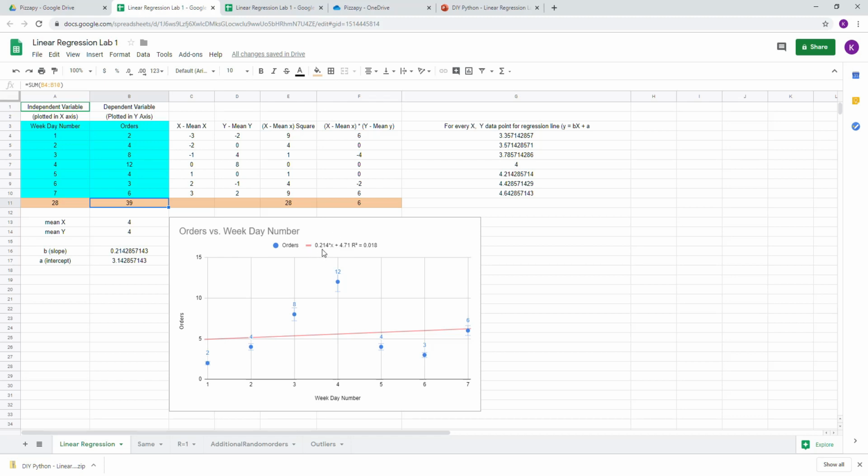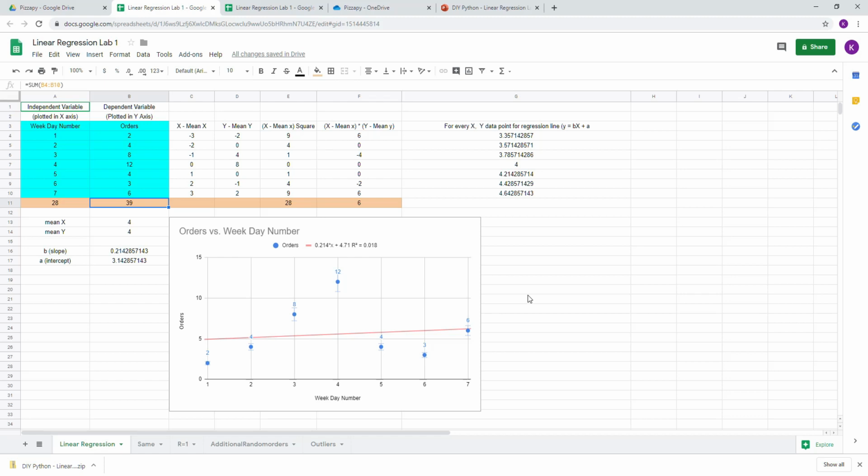I have an equation now, 0.214 multiplied by x plus 4.71, and the R value is 0.018. If I apply this equation for an imaginary x value of 8, I may get some value, but by looking at the R value, I know that it is not really a good prediction. So this is how linear regression works.